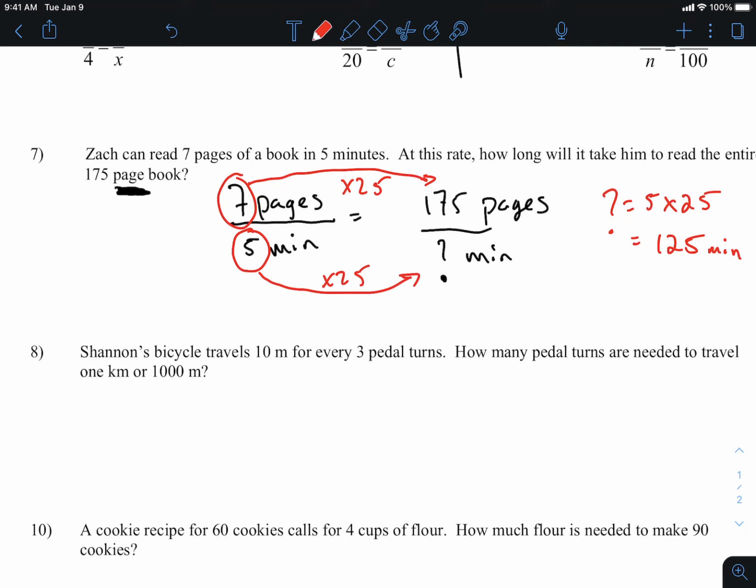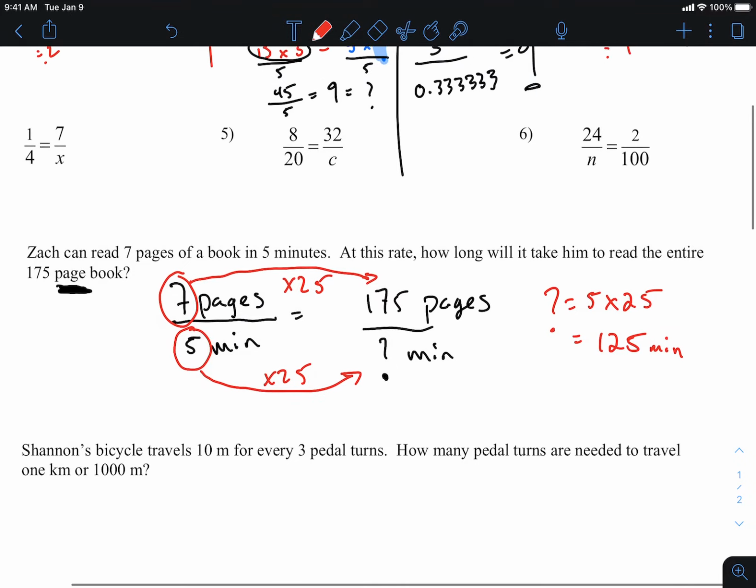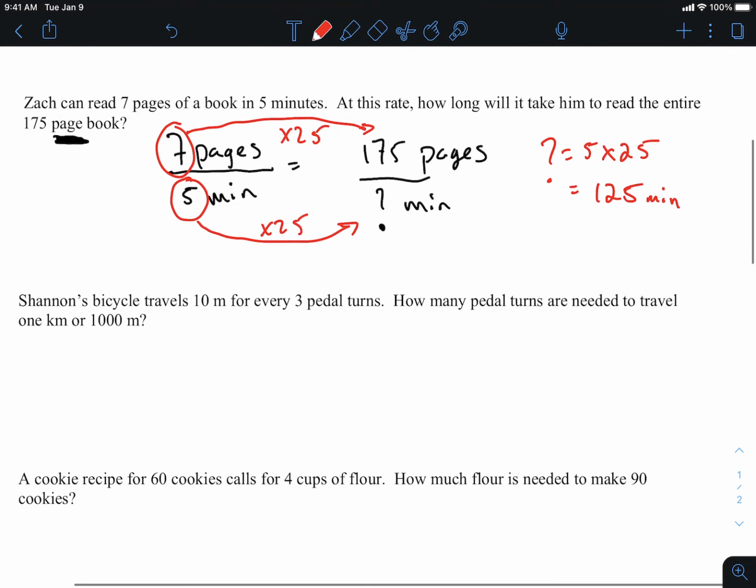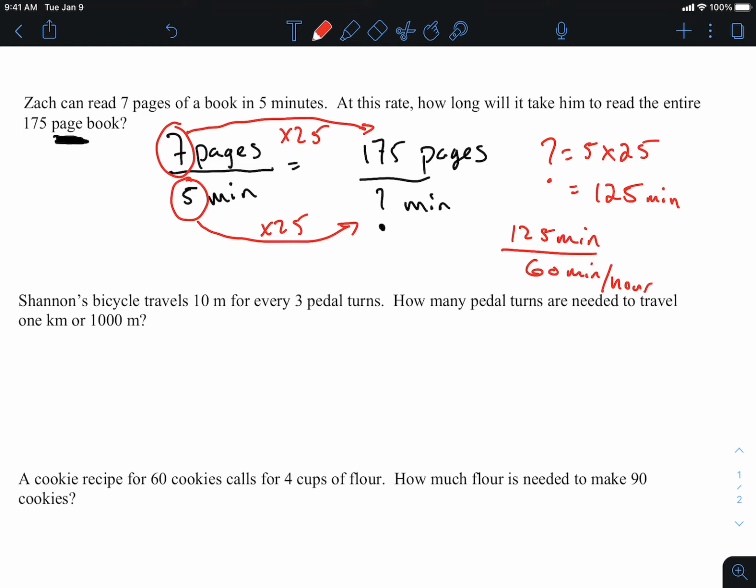So if you take 125, how many minutes are in an hour? 60. So if I go 125 minutes and I divide by 60 minutes per hour, you get 2.083. Oh wait, 2.08 hours. How I did it is 2 hours, basically.